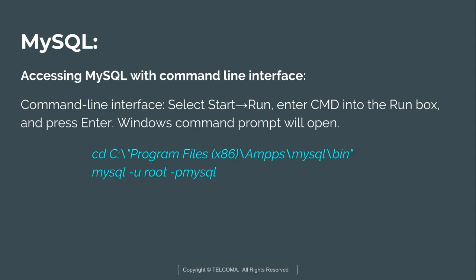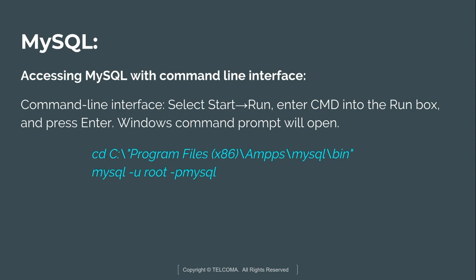The next one is how to access MySQL. To access MySQL with the command line interface, we first have to go to Start, then go to Run, and there enter cmd. After pressing enter, the command prompt window will open. There you have to type the command cd c:/, then the address where you have saved your AMP server.